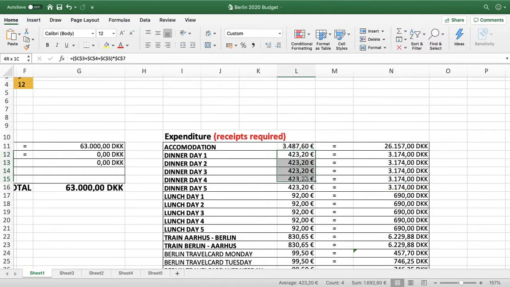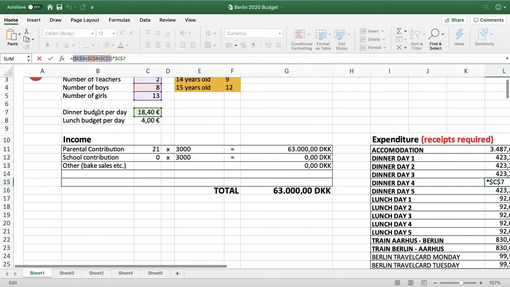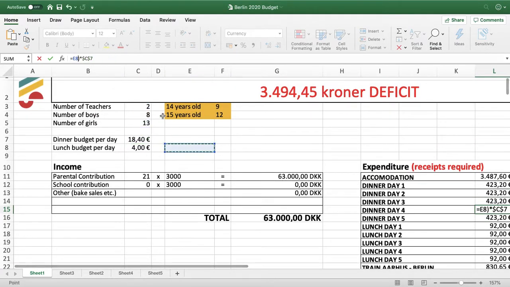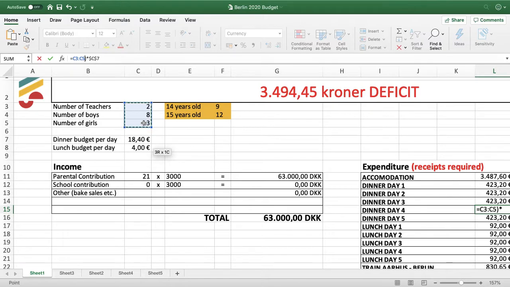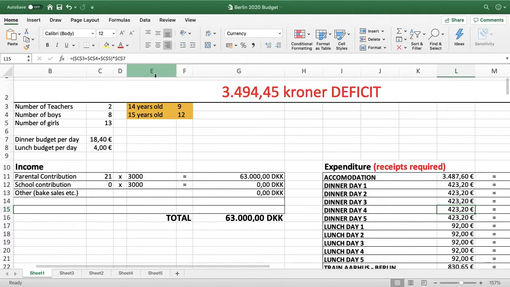Okay, so we had dinner for the various days, which I budgeted as, how did I do that? Okay, so I've got a formula here that says C3 plus C4 plus C5. That's basically the number of people. And then multiplied by C7, which was my dinner budget per day.